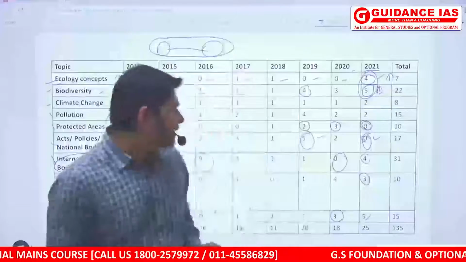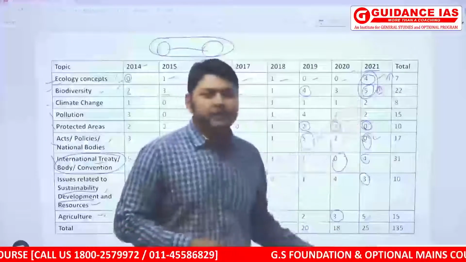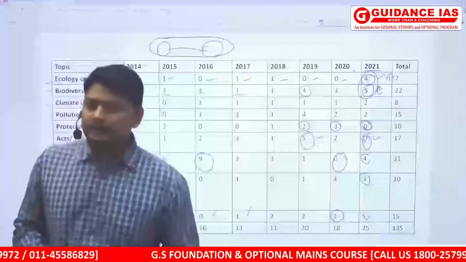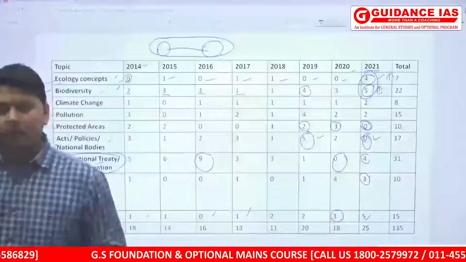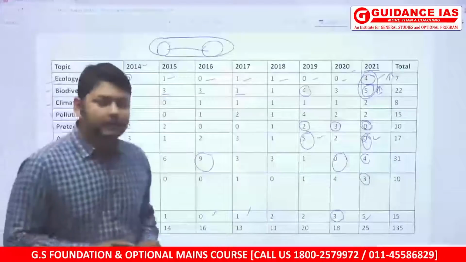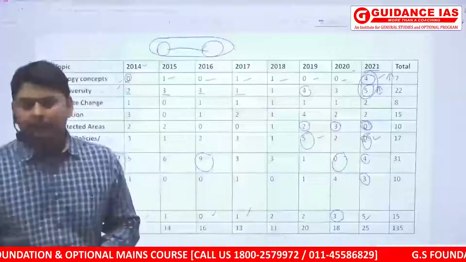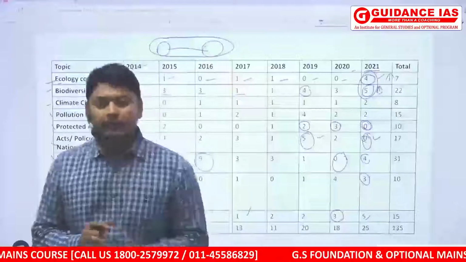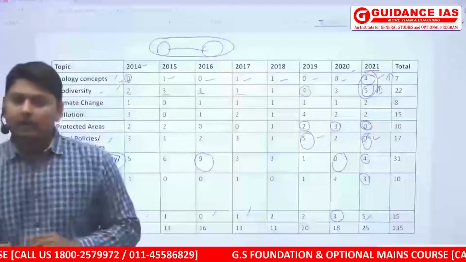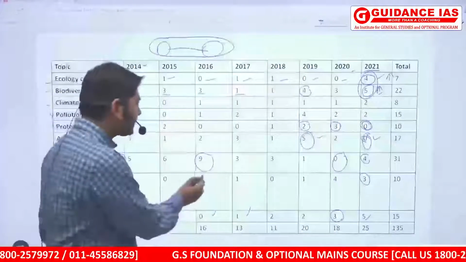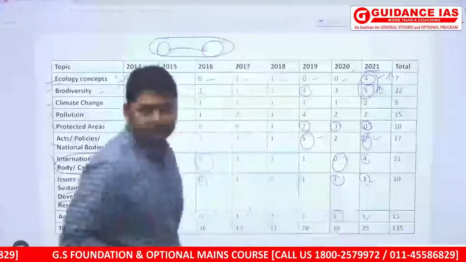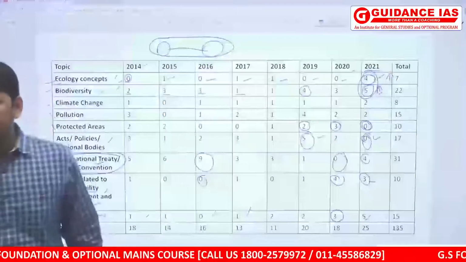This trend analysis will help you know the actual scenario of today, the current trend of UPSC, how it will make turns and twists in questions, how there will be some 0 questions like here, and 3 to 4 questions on the same topic next year, or 2 to 3 years later.